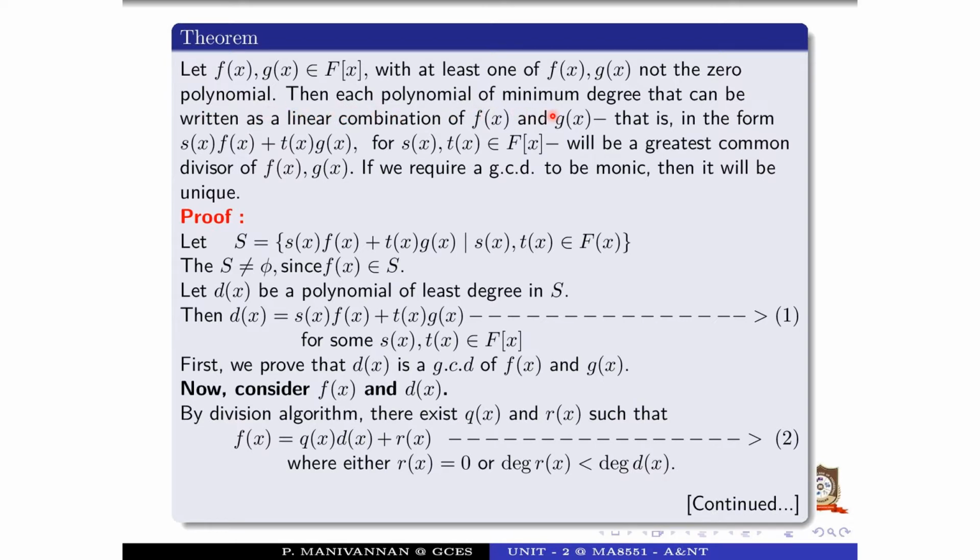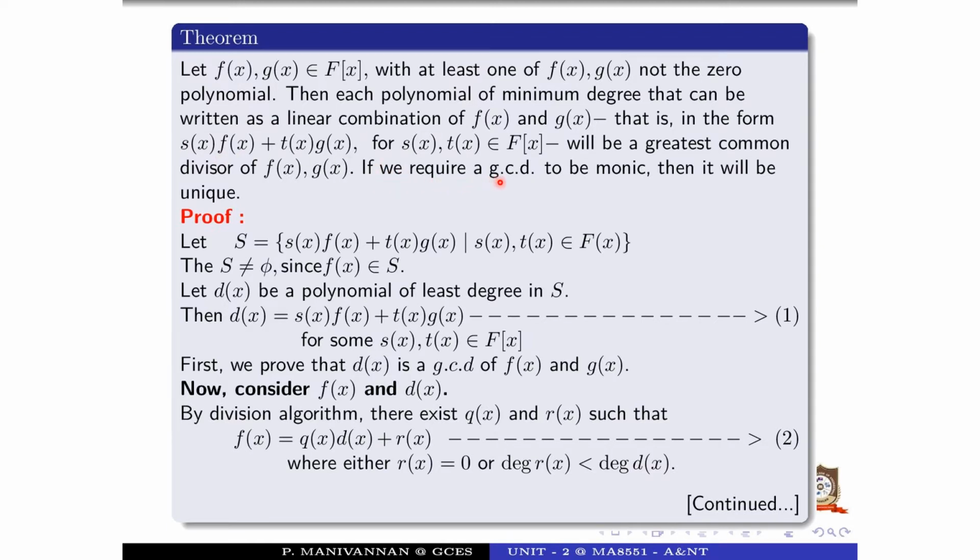Then each polynomial of minimum degree that can be written as a linear combination of f(x) and g(x), that is, of the form s(x)f(x) plus t(x)g(x), for some s(x), t(x) belonging to F[x], will be the GCD of f(x) and g(x). This linear combination is the GCD.